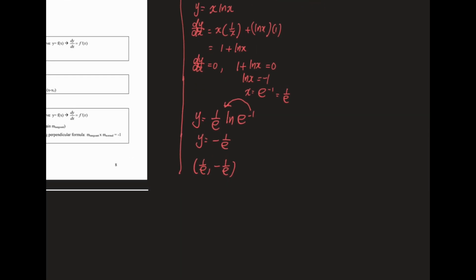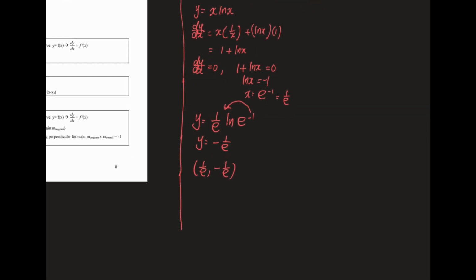We want to determine whether this point is a maximum or minimum point, so we do the second derivative. d²y/dx² equal to 1 over x. Substitute 1 over e inside, then you get e, which is greater than 0. Because of that, this point is a minimum point.